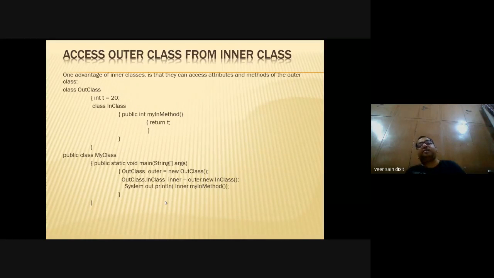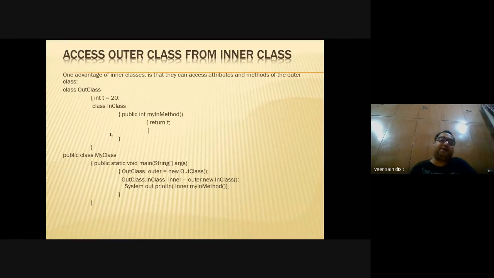How to access the variables and methods of the outer class from the inner class. So here let's understand what the advantage is. The advantage is that they can access attributes and methods of the outer class.